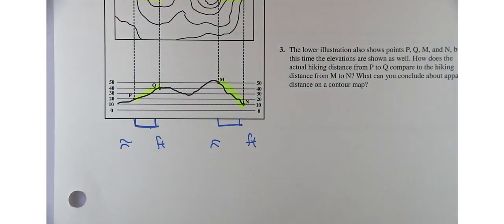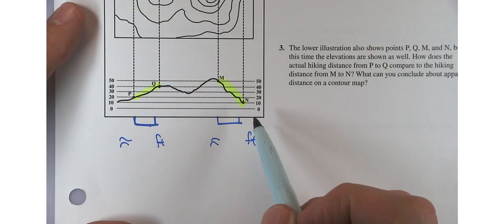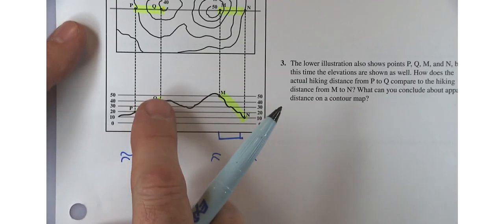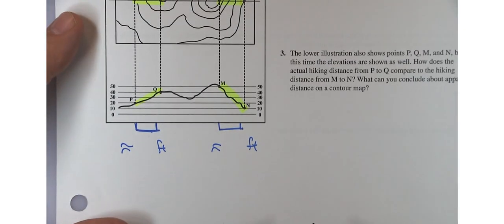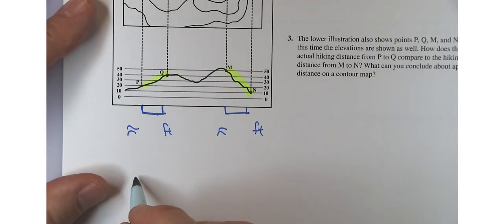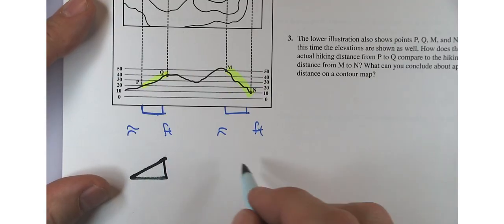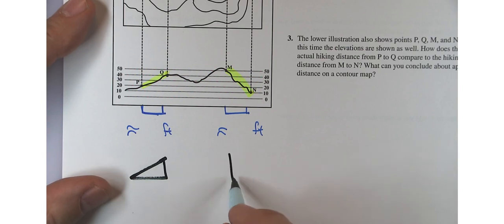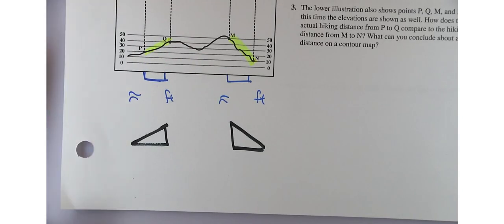So let's see if we can estimate how far this person had to hike, how far this person had to hike. Who's going to hike further, the first person or the second person? Yeah, it looks like the second person. So let's draw a couple representative triangles here. Both sides here are going to be 200 feet.